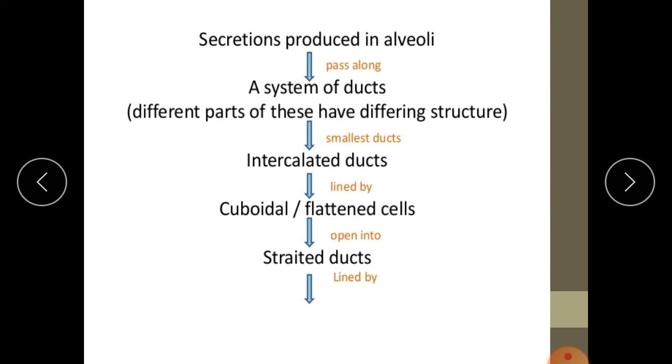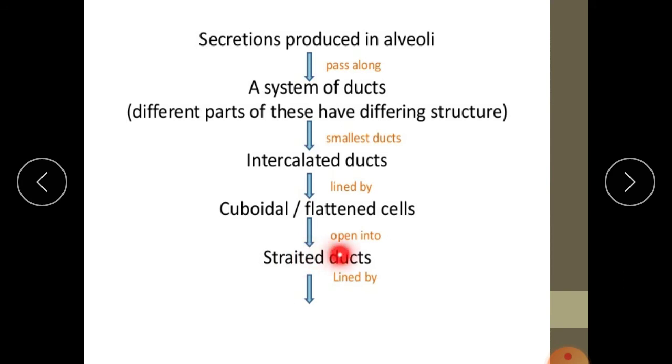So how their secretions are moving from the salivary glands to the mouth, that you can see here. Secretions produced in alveoli go to a system of ducts. From there it goes to the intercalated duct. From intercalated ducts it goes to the striated ducts.